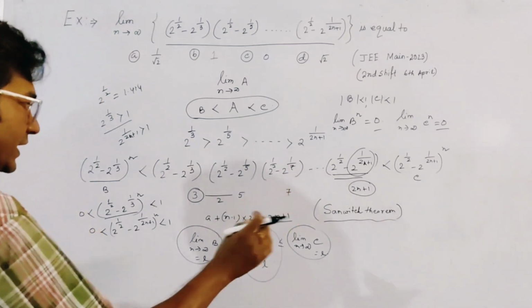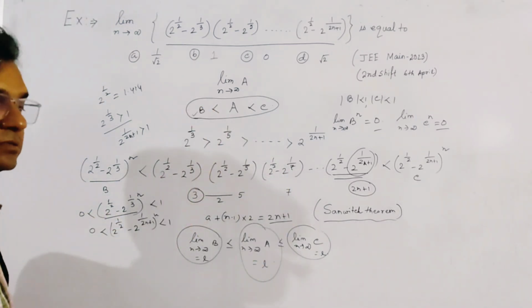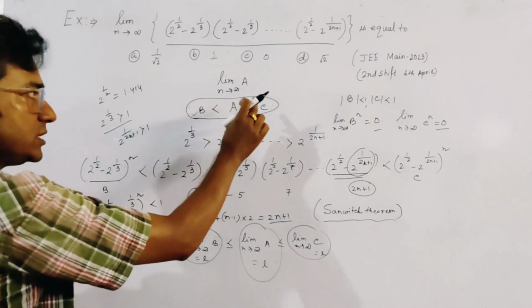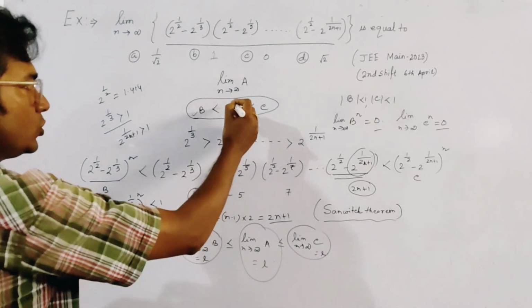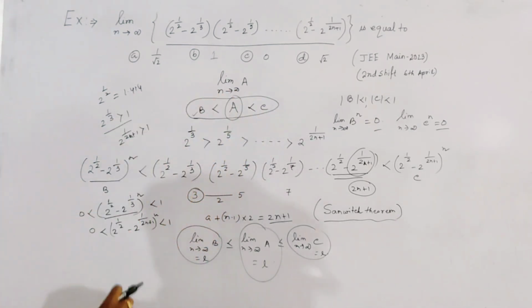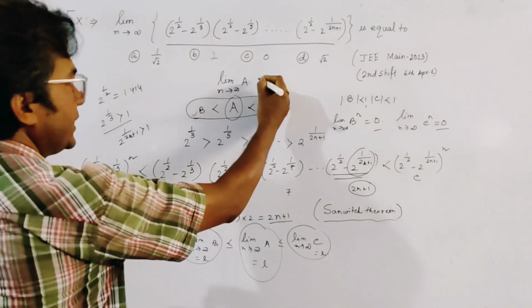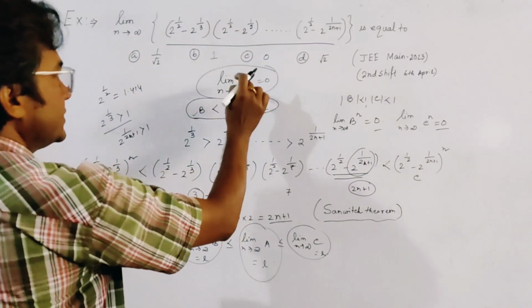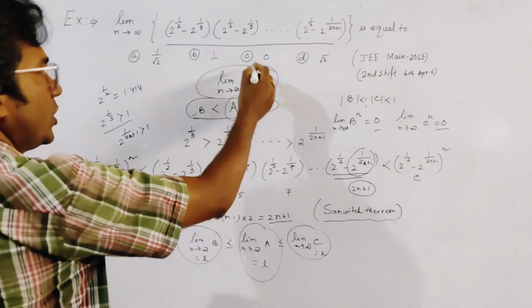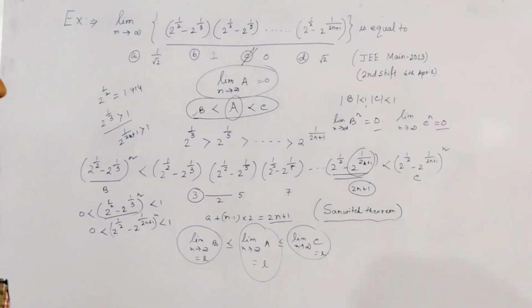Now we get that this limit is 0 and this limit is also 0. So the limit of the middle portion must be 0, and this is our required result. So option C is the correct option.